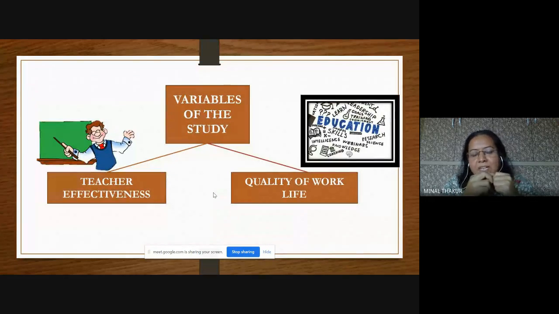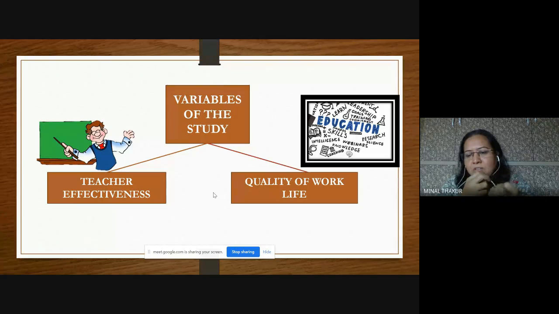Now, when you study a problem, these problems or concerns are called variables. Variables are the components which vary. That is, variables are certain conditions which an experimenter or the researcher would like to observe and control.